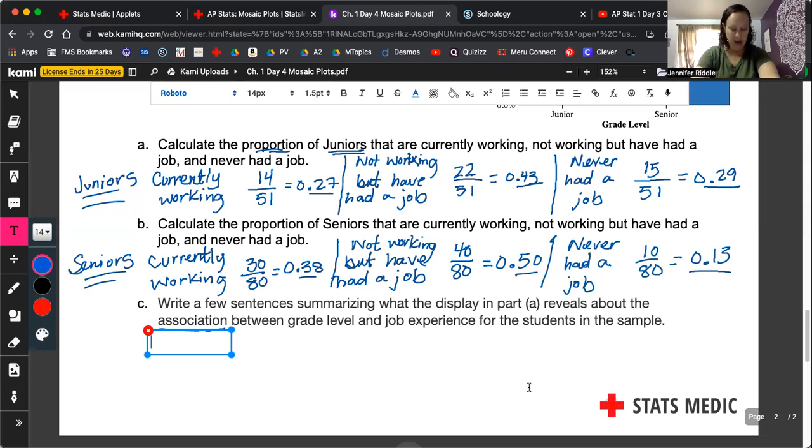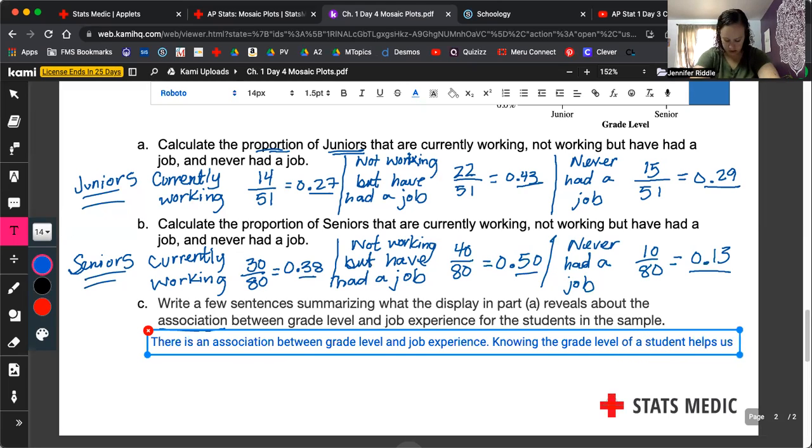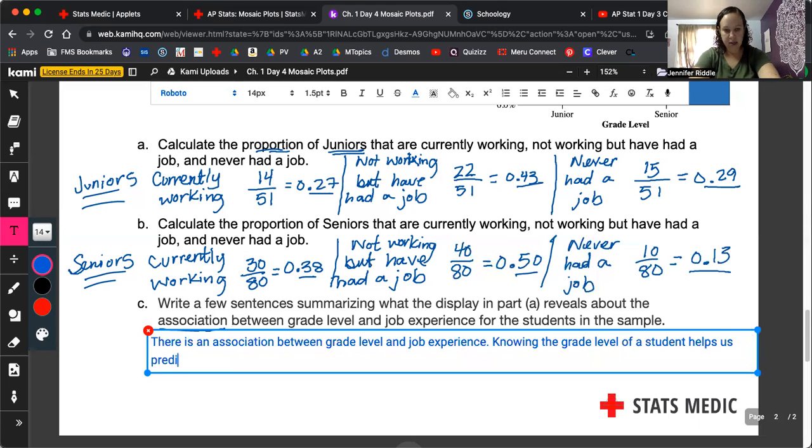So we can say that there is an association between grade level and job experience. Knowing the grade level of a student helps us predict job experience.